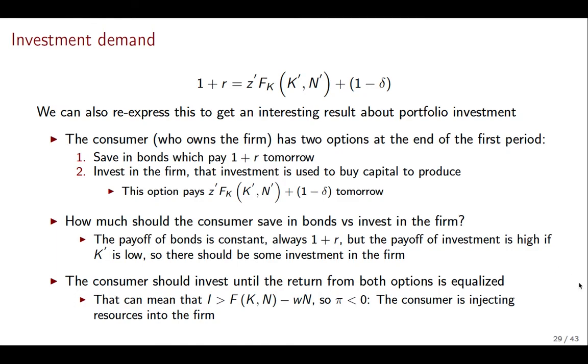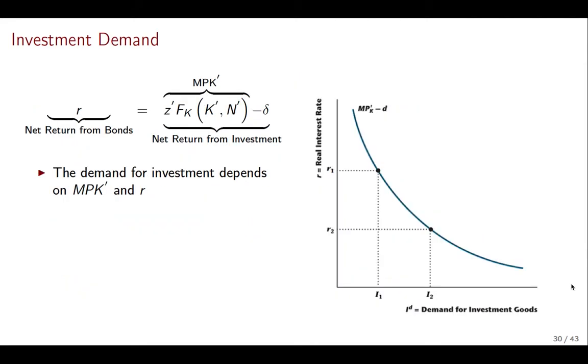And this is an intuition that's going to be very useful later on when we think about different forms of savings, in nominal versus real bonds, in nominal bonds versus the firm, because we're going to get a sense of how consumers make portfolio decisions. Well, finally, we can just look at what this portfolio decision implies. We can cancel the ones. The net return from bonds is R. This is the net return from investment.